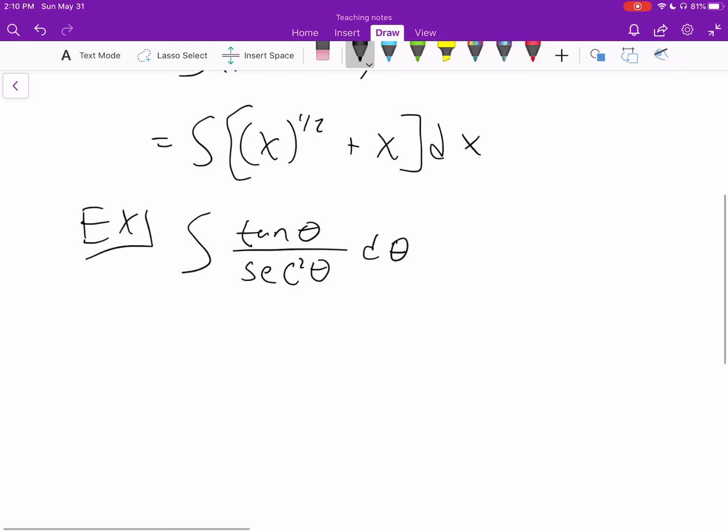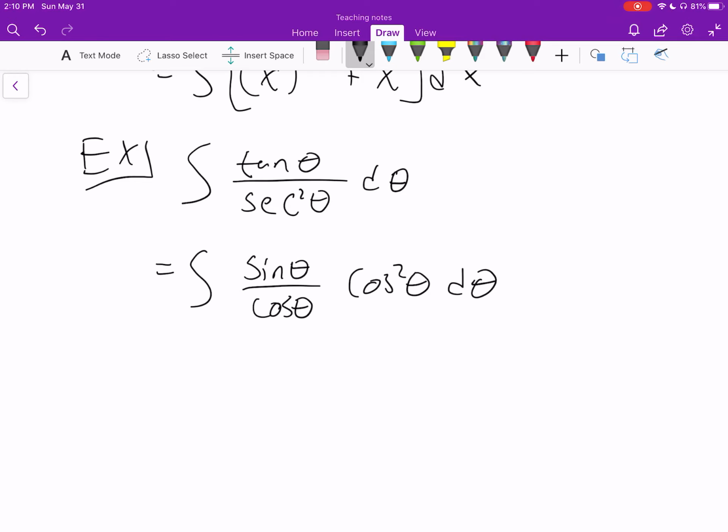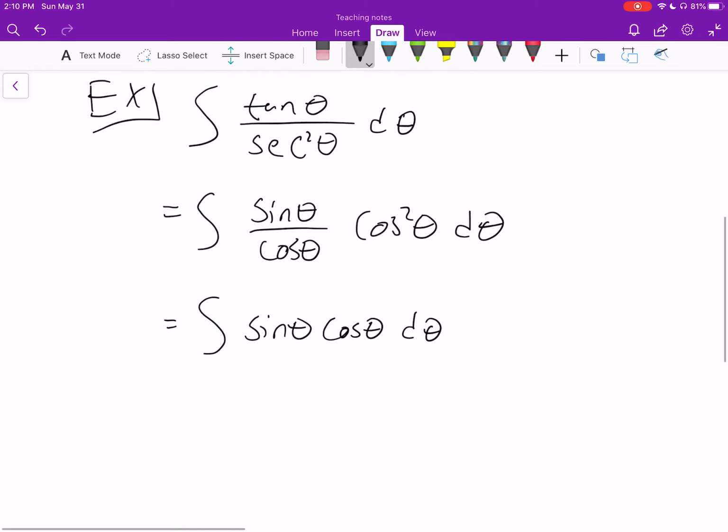So what you can do with this one is, I always write things in terms of sines and cosines first. So this is sine theta over cosine theta from the tangent, and then 1 over secant squared is cosine squared theta d theta. When you simplify, this is the integral of sine theta cosine theta d theta.